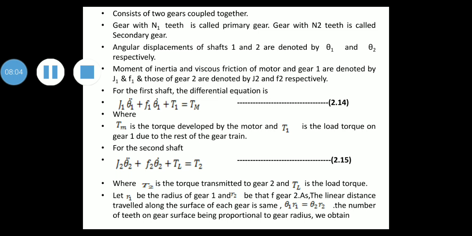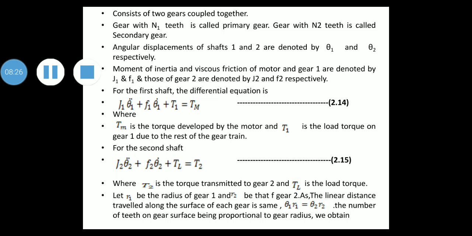Then the linear distance travelled along the surface of each gear is the same. As the linear distance travelled along the surface of each gear is the same, theta 1 R1 is equal to theta 2 R2.